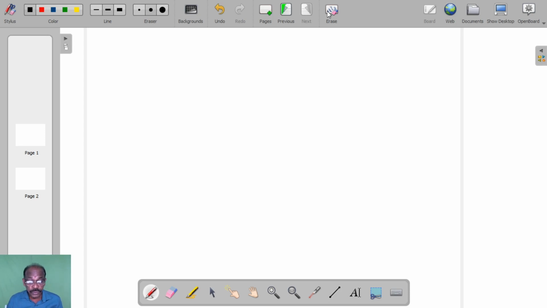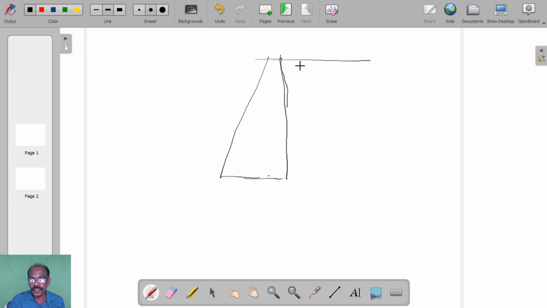So what is the maximum pressure acting on the wall? I have already given you some tips about the pressure acting on the wall. Now this is your wall, and it is supported by some earth here, and the pressure diagram will be like this.